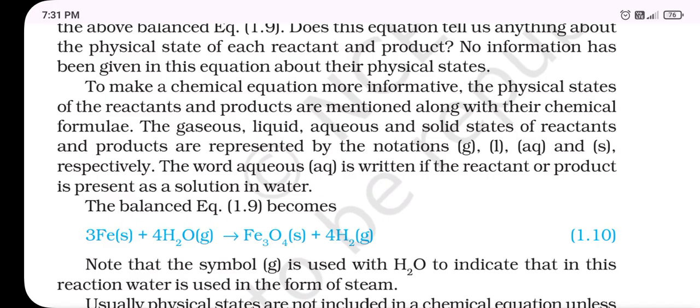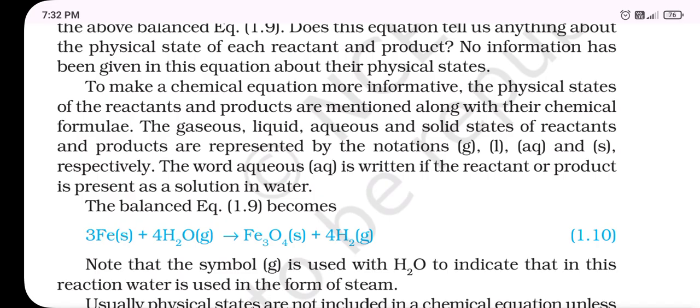Even with the absence of water, sulfuric acid is also an aqueous. It's not a solid. It's like a liquid, but more specifically, it's an aqueous.